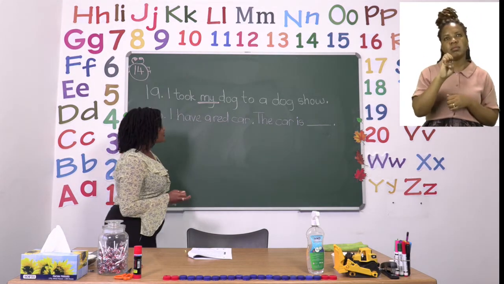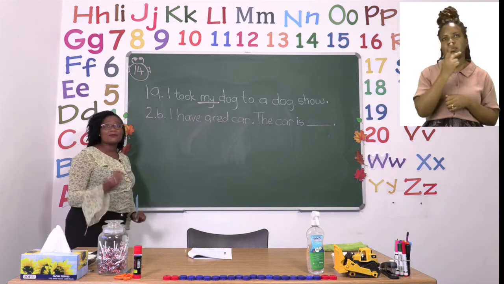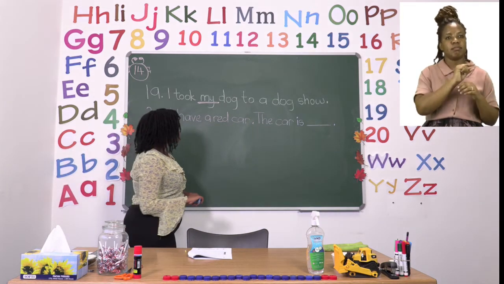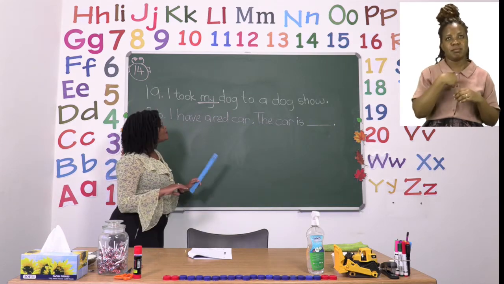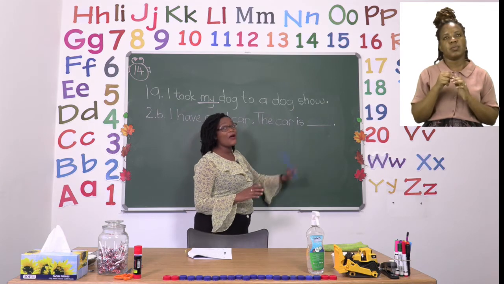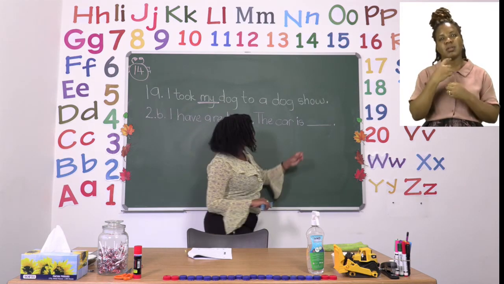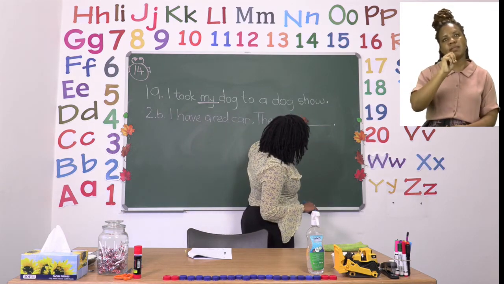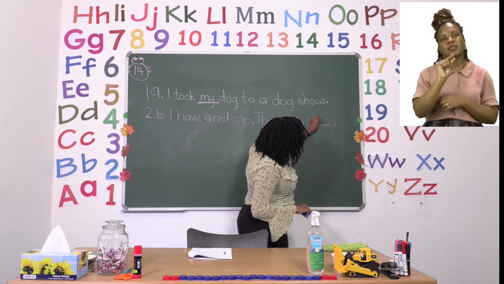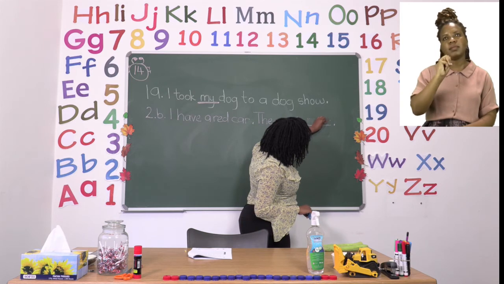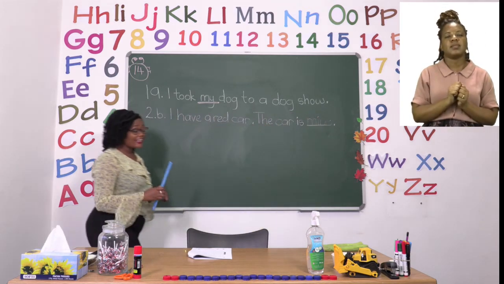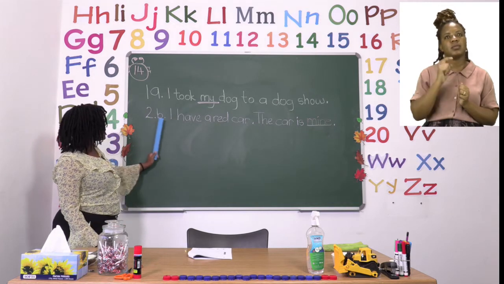If we started with the word I, that means we're talking about ourselves. So, if the car belongs to I, then we say the car is mine. So you are going to fill in that blank with the word mine. Then for the rest of them, try to use the same type of idea where you check what is used in front.